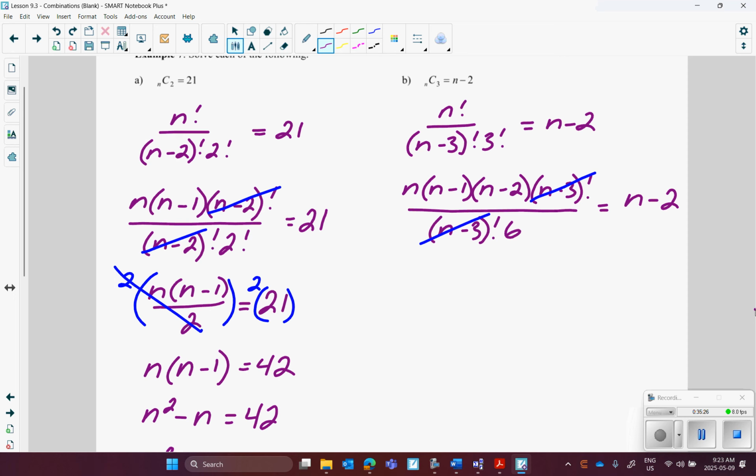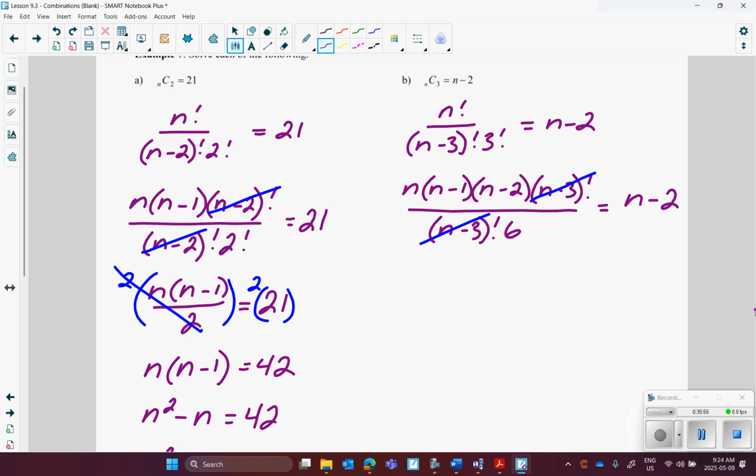Okay? Can you see something you can get rid of? Remember, one of the basic rules of algebra is whatever you do to one side of the equation, you do the exact same thing to the other. Can I do something to both sides of the equation to get rid of something? I can divide both sides by n minus 2.